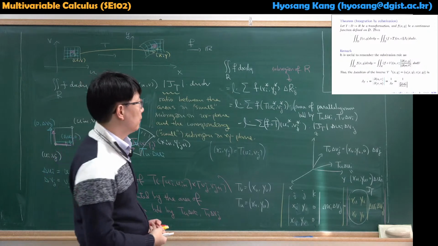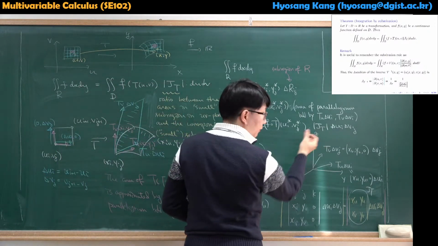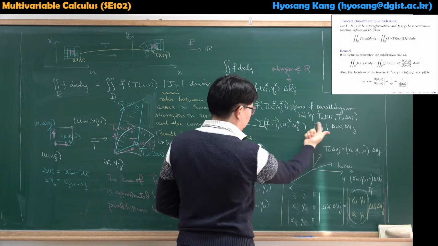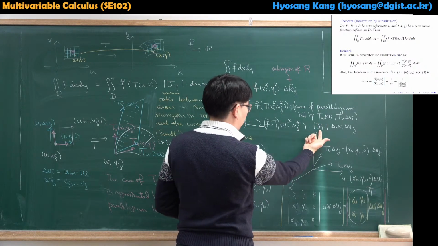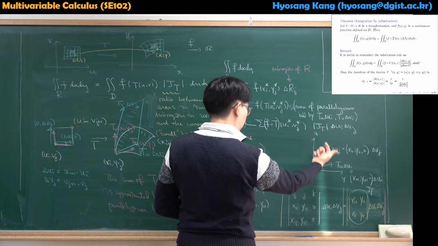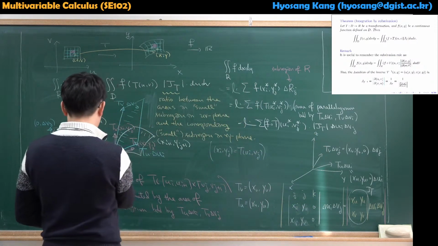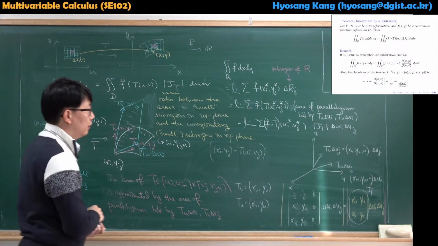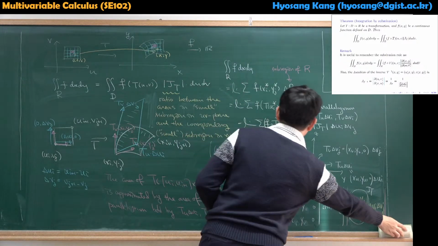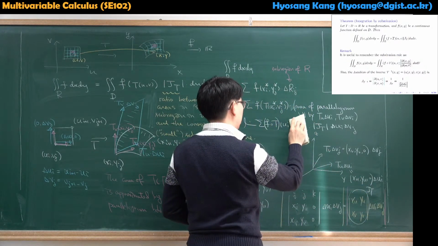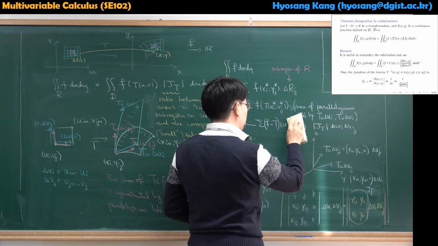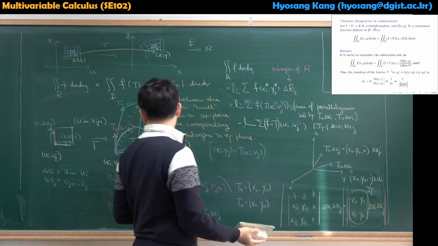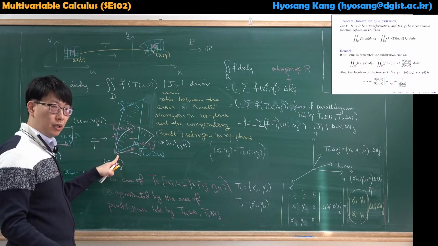What do I get here? JT is a function of u, v. I didn't mention that, but JT is computed at ui and vj at this point. Also I can replace ui star and vj star with just ui and vj, which is the left bottom corner of this region.